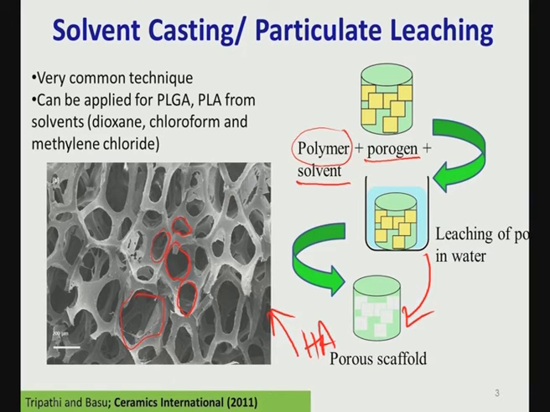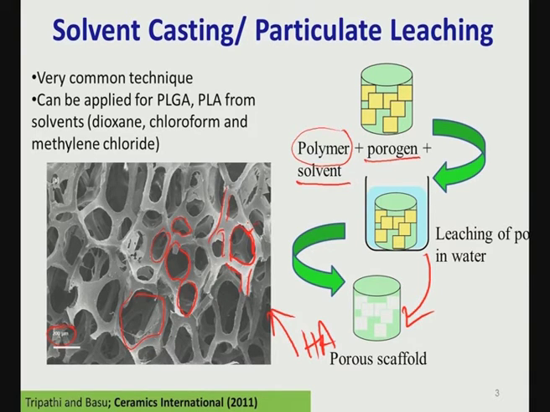The other thing we notice here is called the pore wall width, or the strut width. You can see that the strut width is also different. If this is 200 micron, this is like 50 micron or so. Now, why is the strut width important?